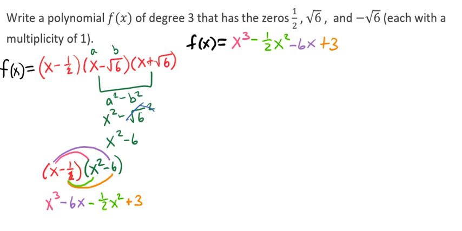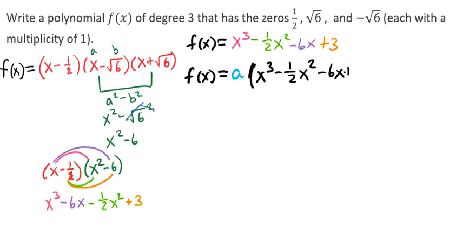If we were to multiply f of x by any non-zero constant a, so that we had f of x equals some a value multiplied by our x to the third minus 1/2 x squared minus 6x plus 3, the polynomial would still have the desired factors and zeros. So a could be any non-zero number.